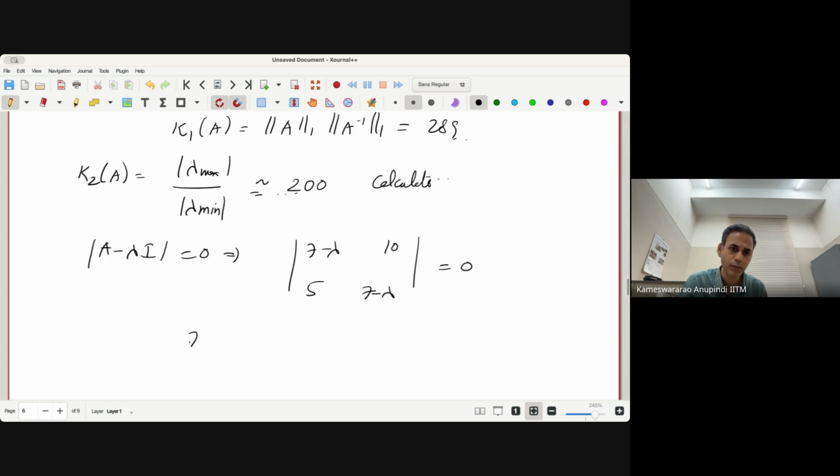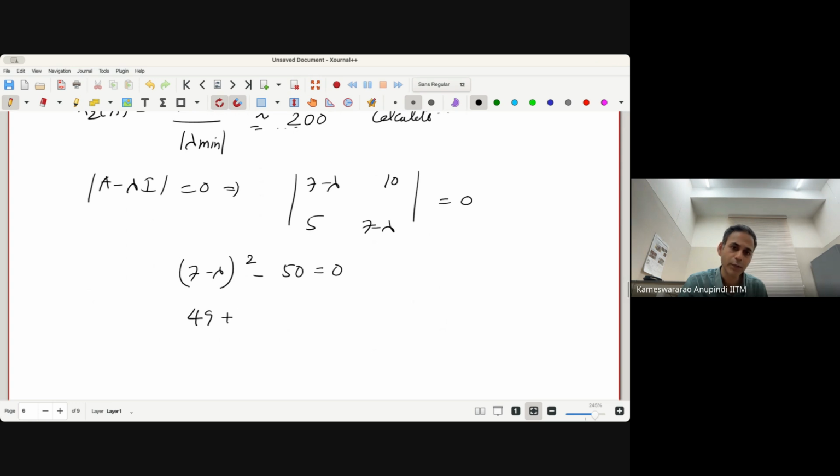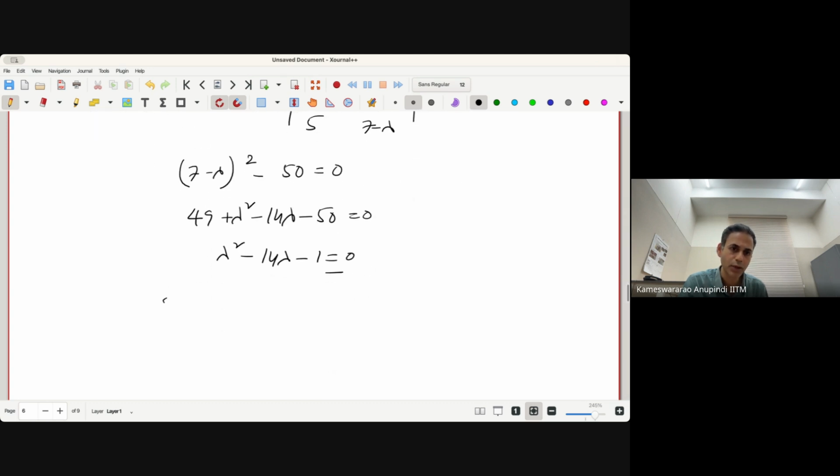That's going to give you 7 minus lambda whole square minus 50 equals 0. So 49 plus lambda square minus 14 lambda minus 50 equals 0. So what you have is lambda square minus 14 lambda minus 1 equals 0. Essentially what you get is lambda equals minus b plus or minus square root of b square minus 4ac by 2a.